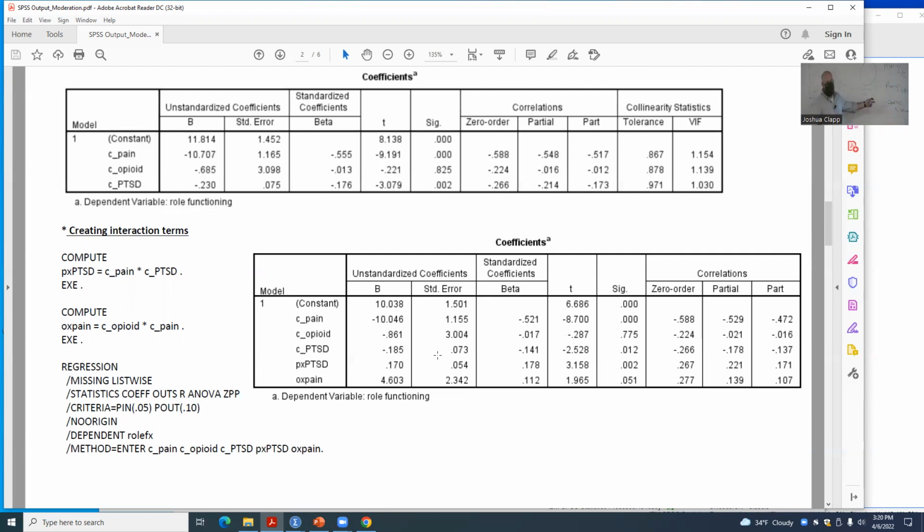If we had elected not to center opiate use, then if opiate use was equal to 0, it's the unique effect of pain on role functioning for individuals who are not on opiates. That's why we're just saying we're controlling for it.